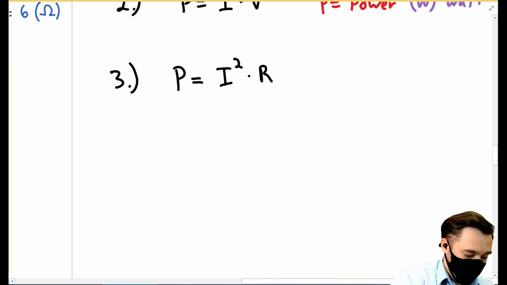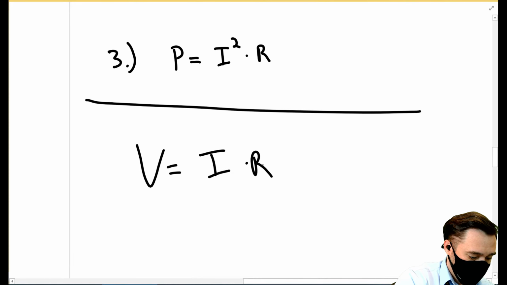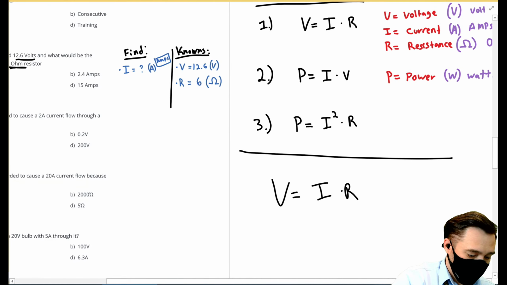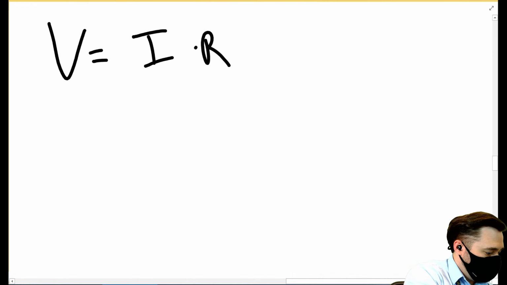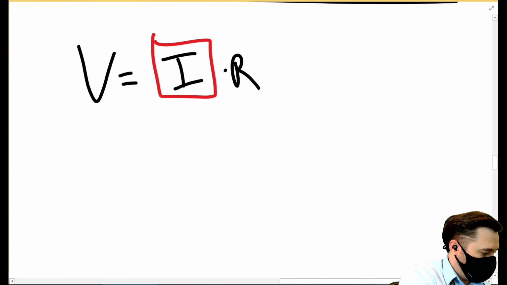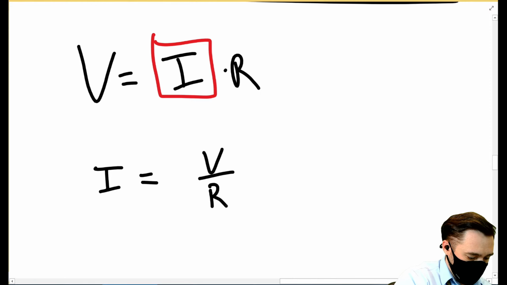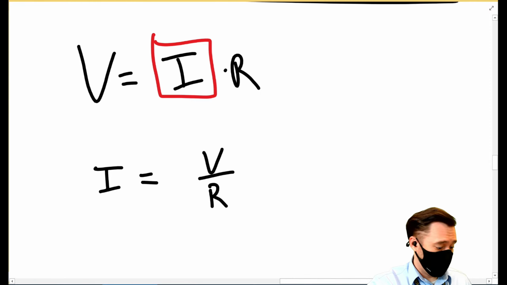Okay. So V equals I times R. I'm asked to solve for I. So I want to solve for this. Hopefully you guys understand how I can solve for that. Don't need to explain how I get this.